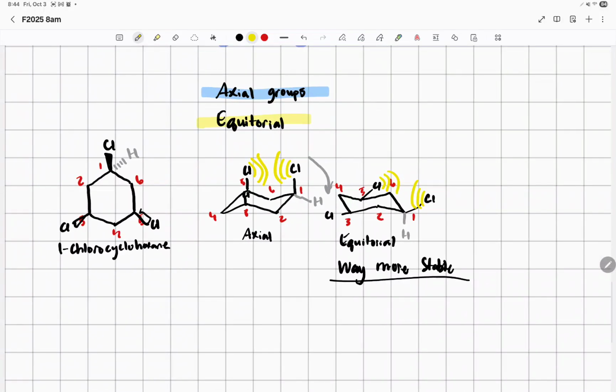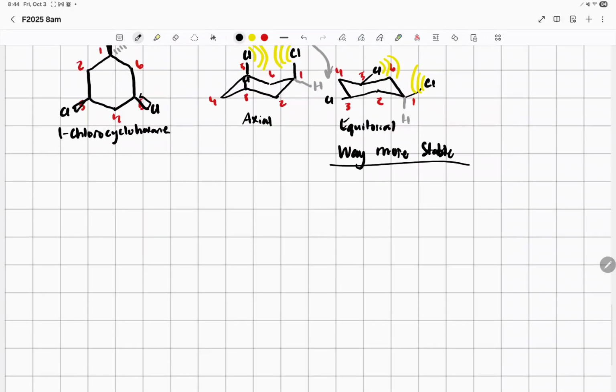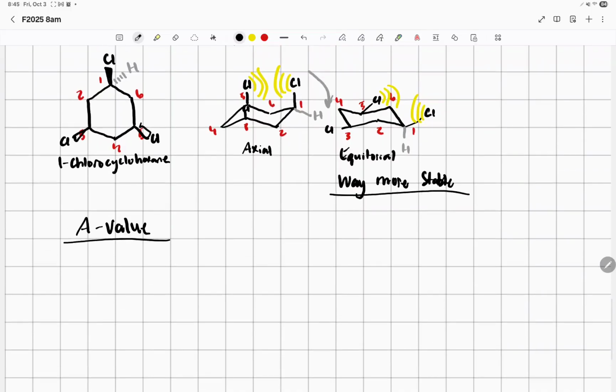So we have a way to quantify this. We use something called an A value. Now, one would think that stands for like axial value or something. According to Wikipedia, it is actually just the letter A. It doesn't stand for anything. But whatever. I don't have my PhD yet, so I don't get to make the rules. So what an A value is, it communicates to us how upsetting it is to have something axial.